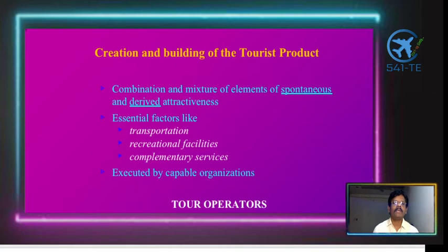When you combine these two, you get the tourist package. A tourist package includes everything: the combination and mixture of elements of spontaneous and derived attractions, like essential factors such as transportation, recreational facilities and complementary services, executed by a capable organization, that is the tour operators. So the tour operators involve both types of elements and then design the product.